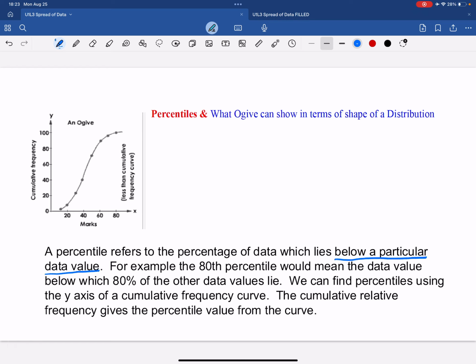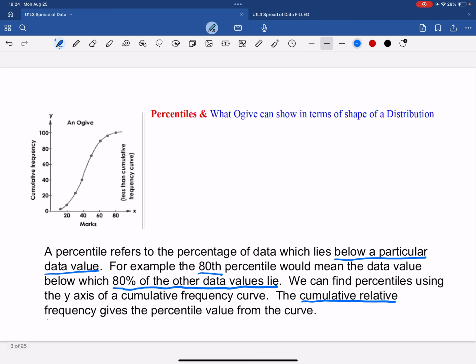So if you're in the 80th percentile, that means that 80% of the data is below that number. If you are in the 0th percentile, then 0 data lies below that, and that's not a good thing. Again, this is what a cumulative relative frequency gives. But that's a percentile.